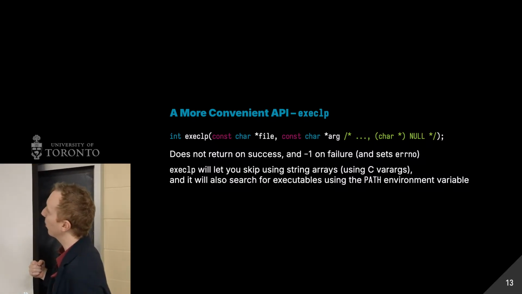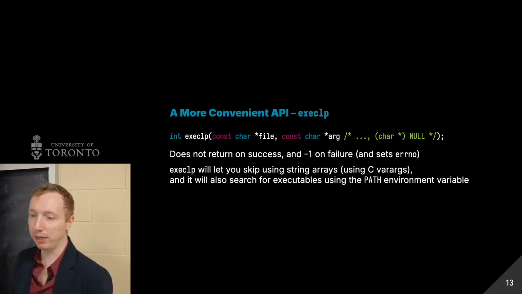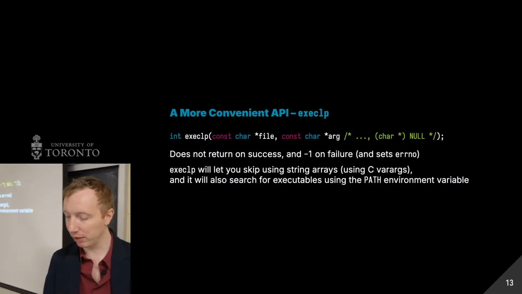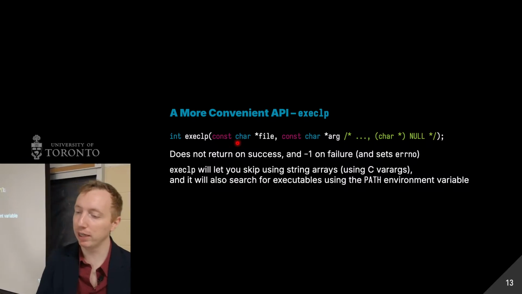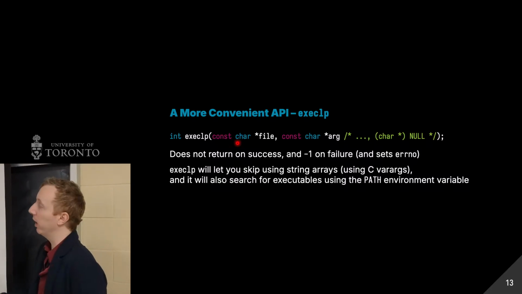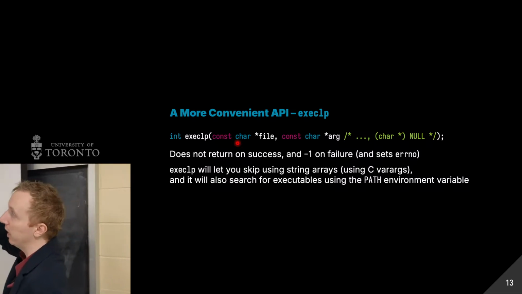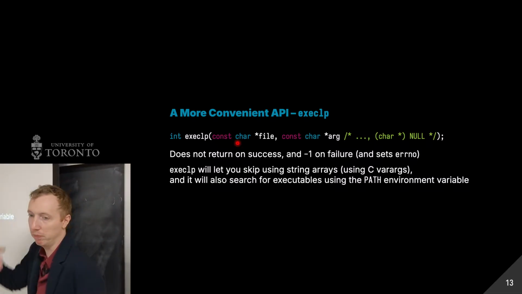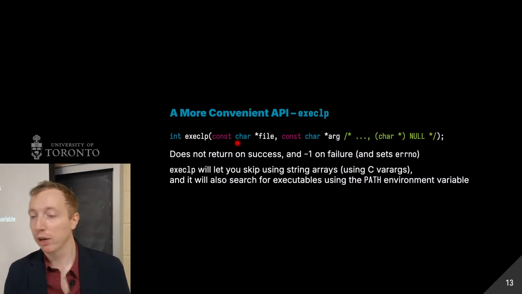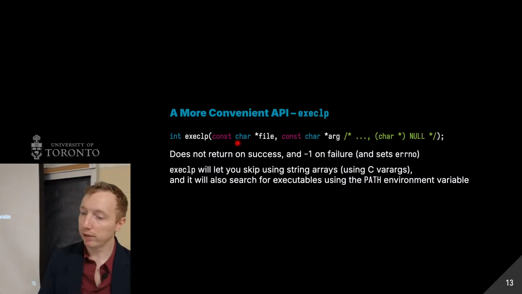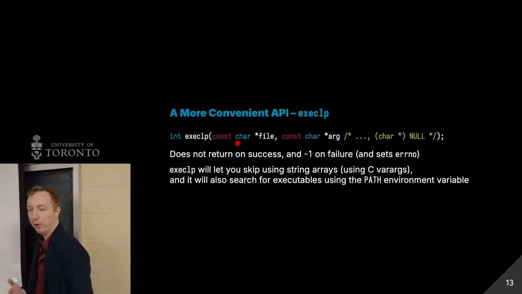So there's a more convenient wrapper for the execve system call called execlp, and that will save us from writing out the whole path. It just needs the name of the file, and it also doesn't make us build an array of strings. We can just pass a whole bunch of C strings to the function directly. It just has to end with a null when we're done. It does the same thing, it's just a more convenient wrapper for us.